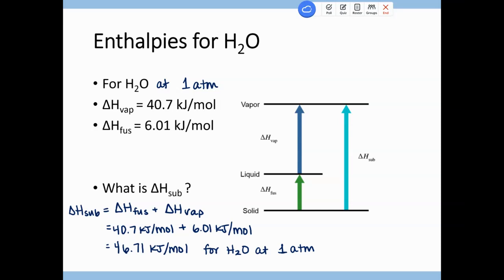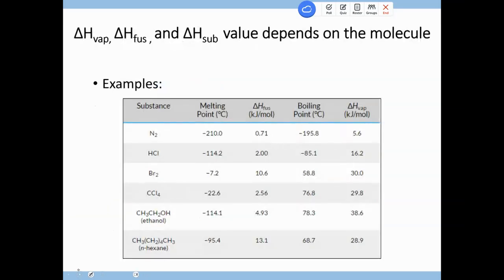Now this is all for water, but the actual heat of vaporization, fusion, and sublimation for a substance depends on what that substance is. This is all related to intermolecular forces. A liquid with stronger intermolecular forces will require more energy to vaporize. So different substances will have different heats of vaporization and fusion. There are some examples here.